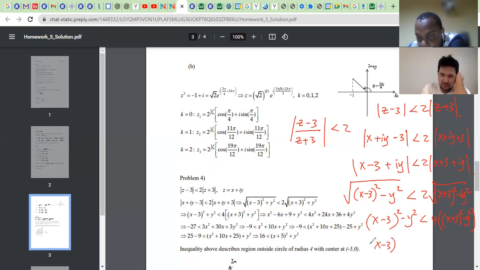So this is going to be X minus 3 squared minus 4 times X plus 3 squared less than 3Y squared. Now we can open this.